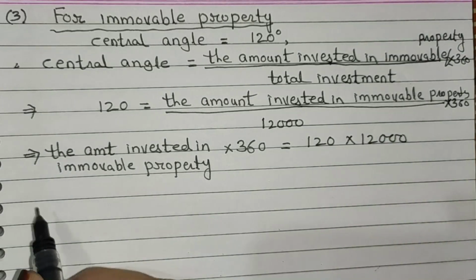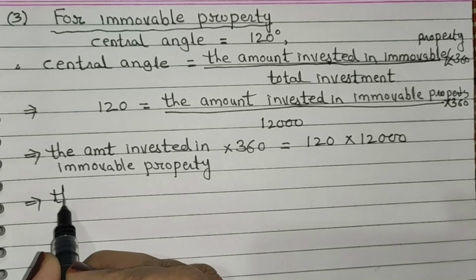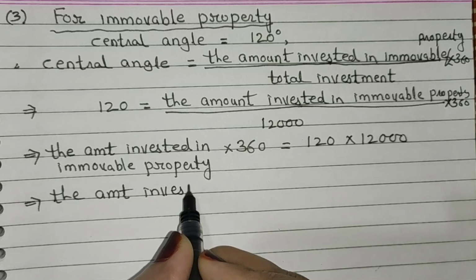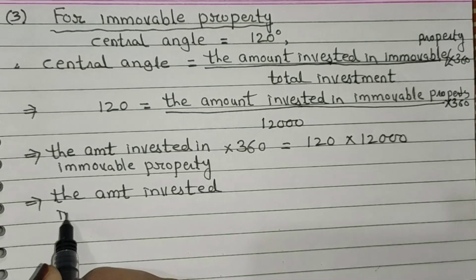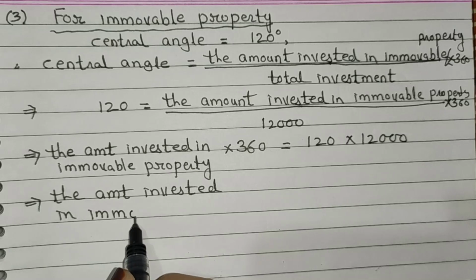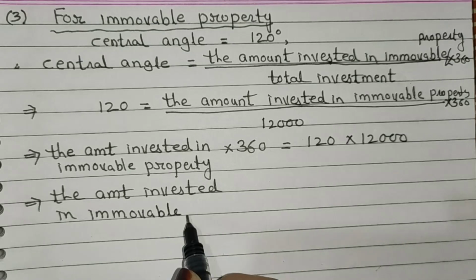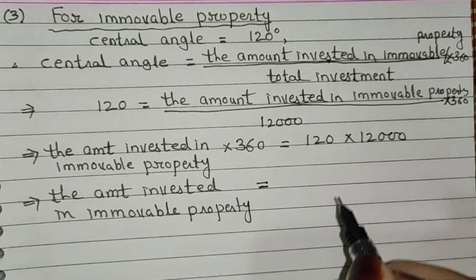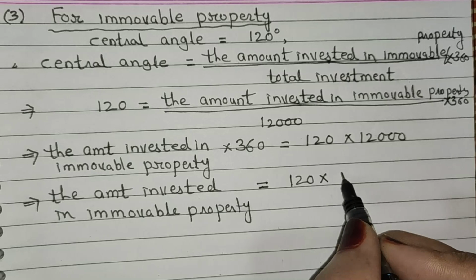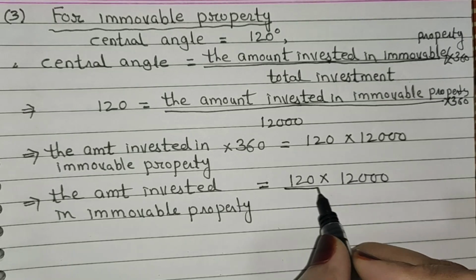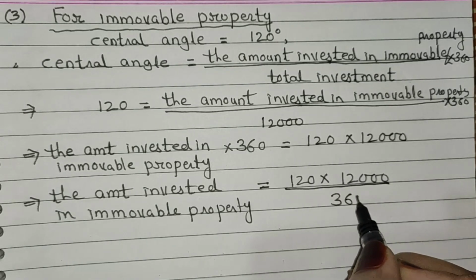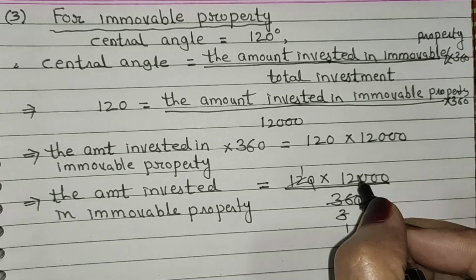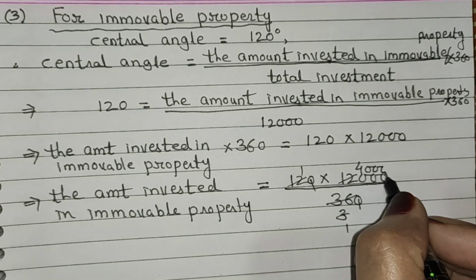Therefore the amount invested in immovable property is equal to 120 into 12,000 divided by 360. 0 0 cancel, 12 ones are 12, threes are, now 3 ones are 3, fours are 12, and 3 0.